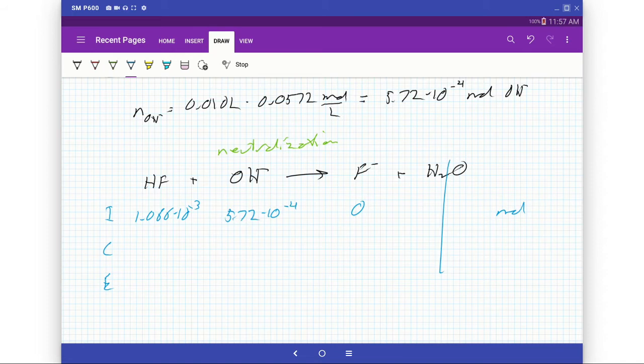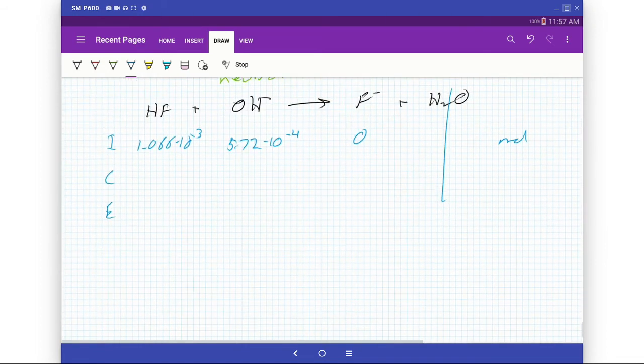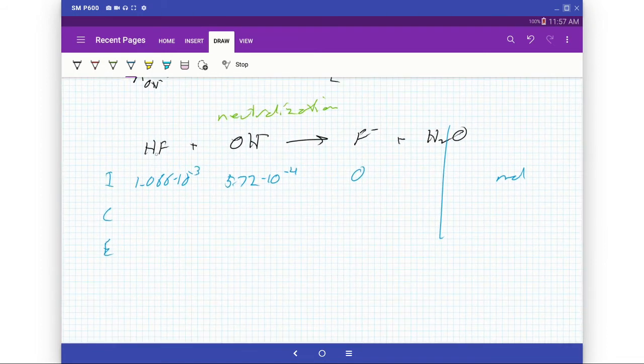That means that we are before the equivalence point, because our excess after neutralization will still be our analyte. HF minus 5.72 times 10 to the minus 4 goes down to 0.